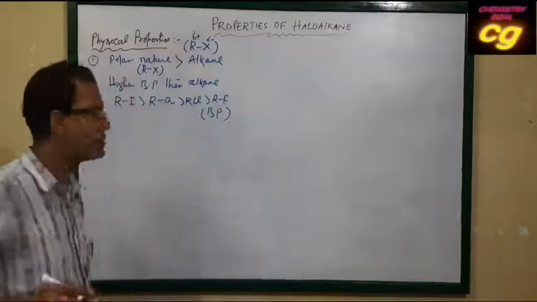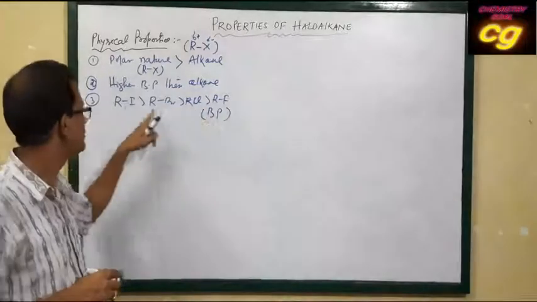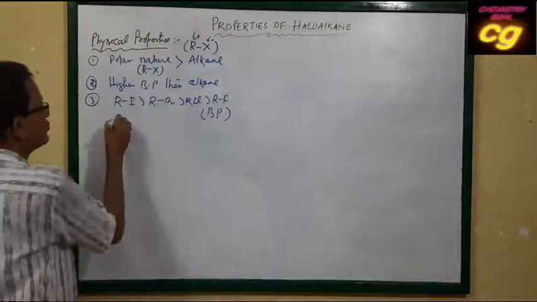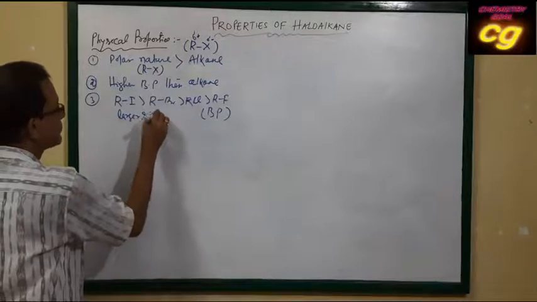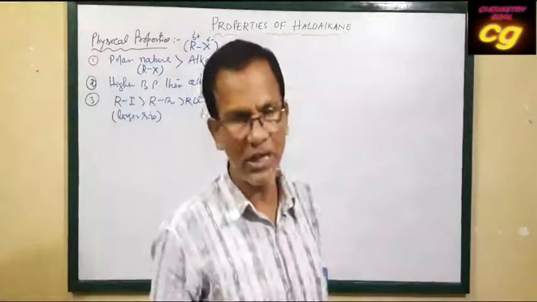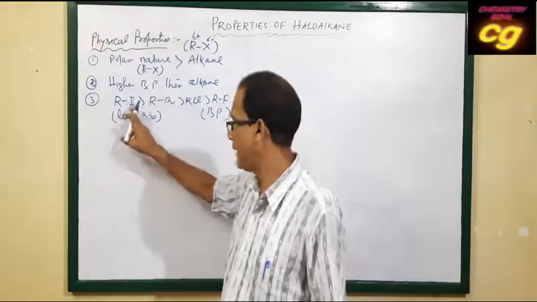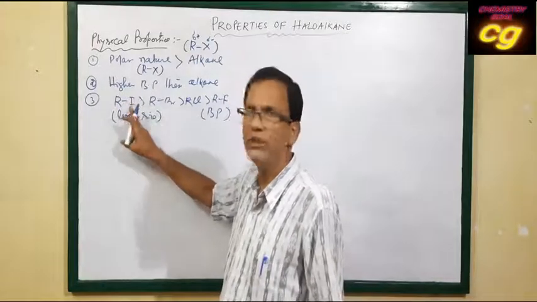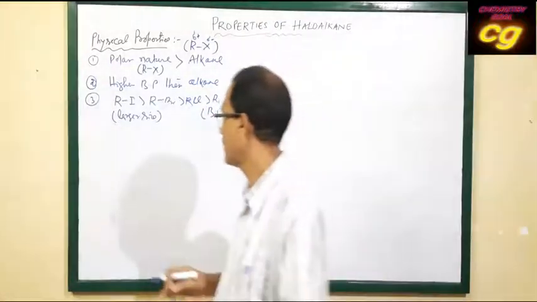This is due to larger size. Iodine is larger in size, that's why iodoalkane has a higher boiling point than bromo, than chloro, than fluoro.